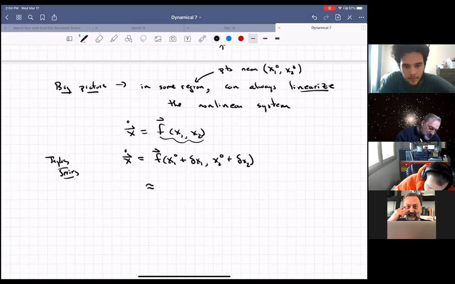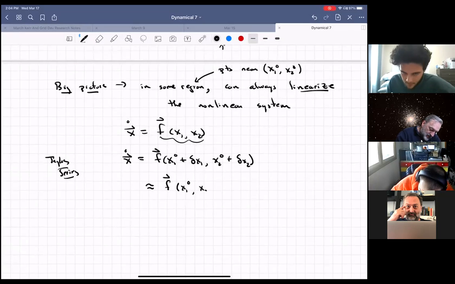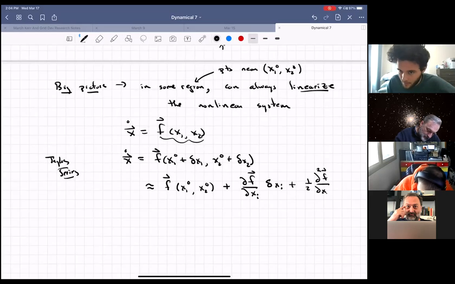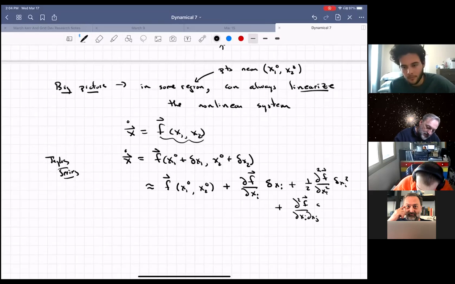I could write that as approximately f at x1 naught, x2 naught, plus the derivative of f with respect to xi times delta xi, plus, and I could have second derivatives, with delta xi squared, and then also in the second derivative a term that looked like xi xj delta x.